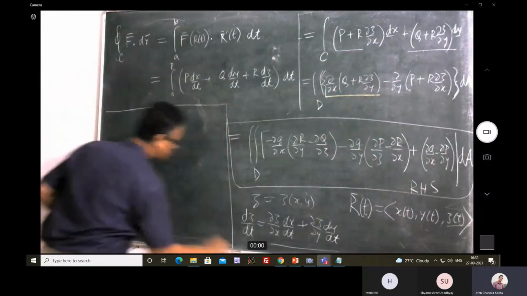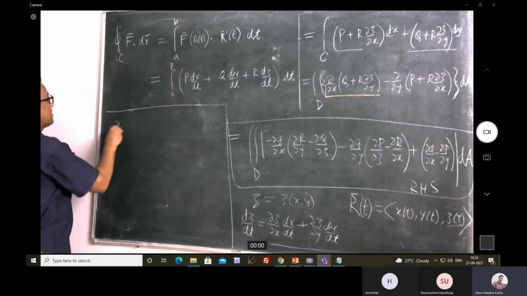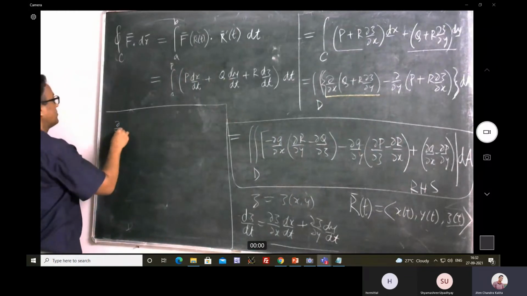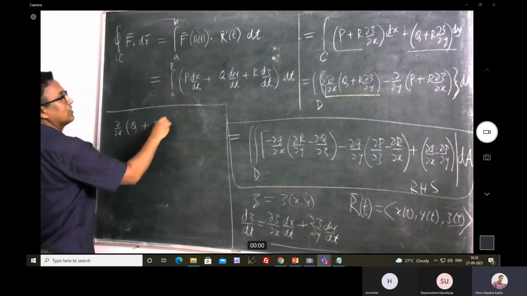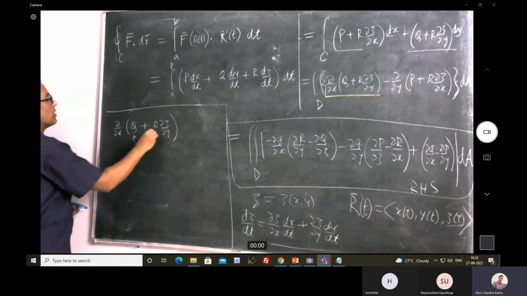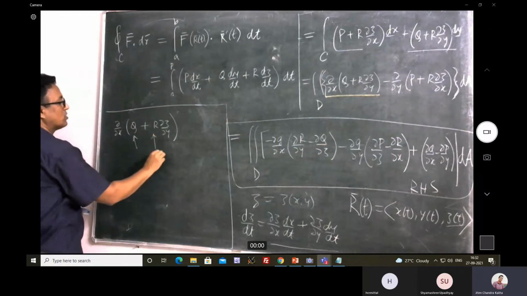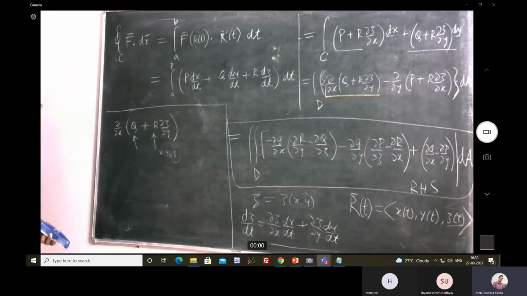I'm telling you. See, my first integral. The first thing I have to do is del x of Q plus R del z del y. Remember, both Q and R, they are functions of x, y, z, where z is again a function of x and y. Is it okay? Fine.